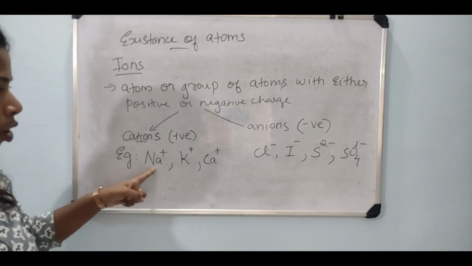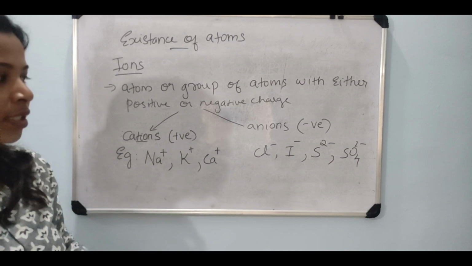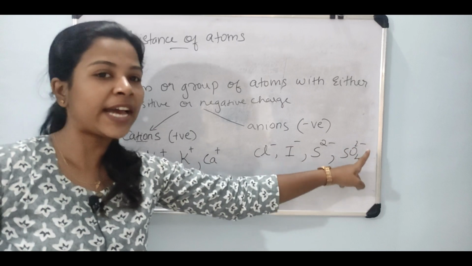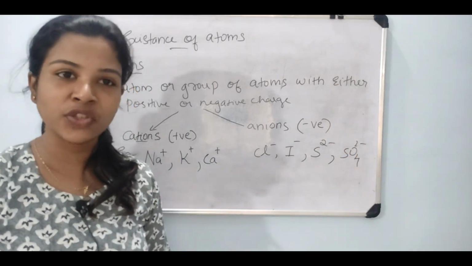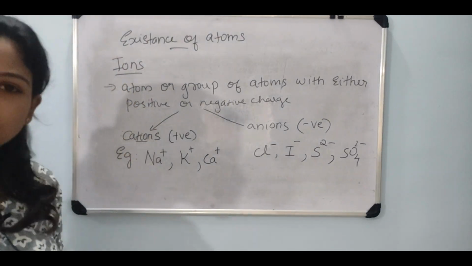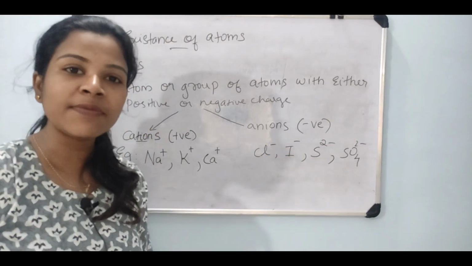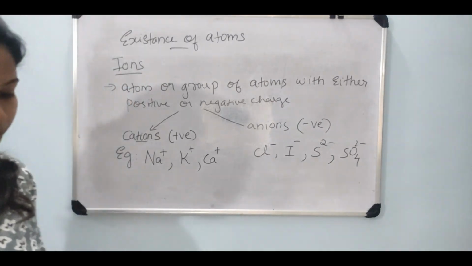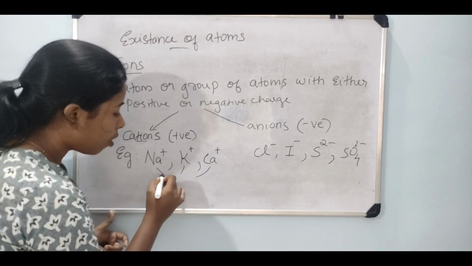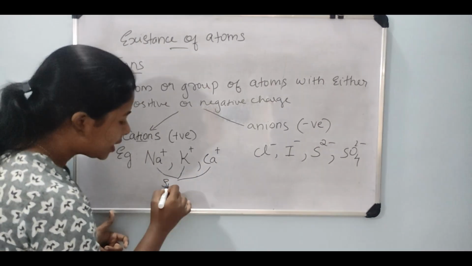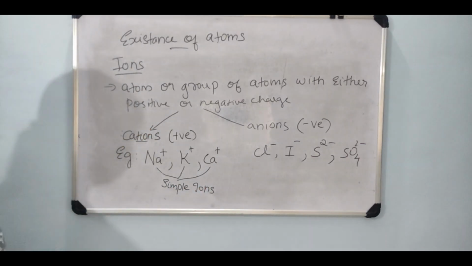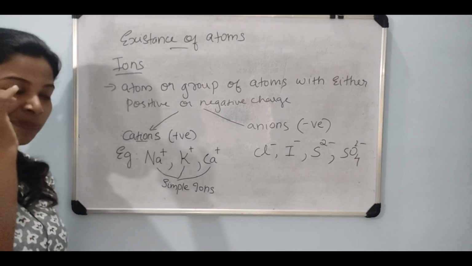So here all these are single atoms with charges. These are also single, but here you can see a group of atoms with negative charge. So this is also an ion. A single atom with charge is also known as an ion and a group of atoms with charge is also known as an ion. All of these are simple ions.